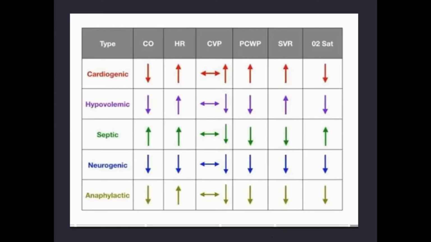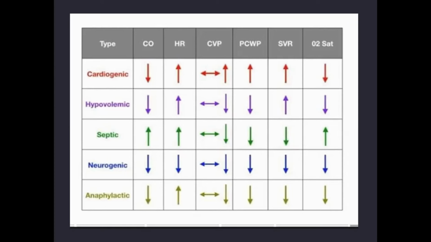In anaphylactic shock, your central venous pressure, systemic venous resistance, and pulmonary capillary wedge pressure all go down. Does anyone know the reason why these three parameters go down? What is the question? In an anaphylactic reaction, why do the central venous pressure, systemic venous resistance, and pulmonary capillary wedge pressure all go down?